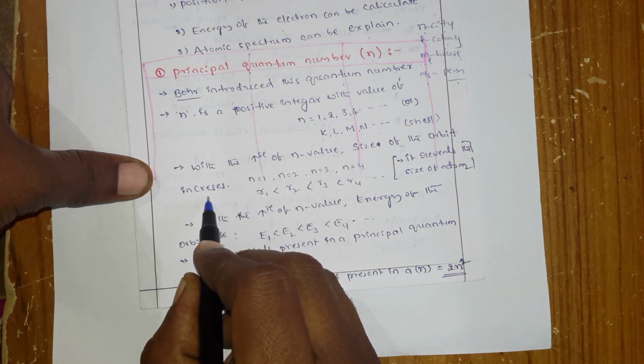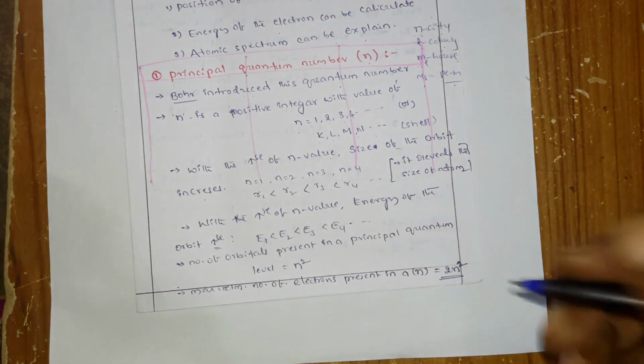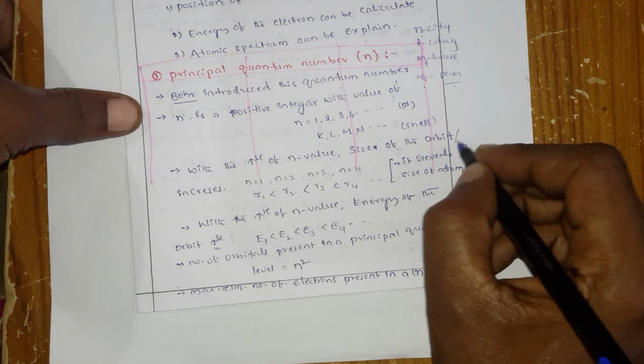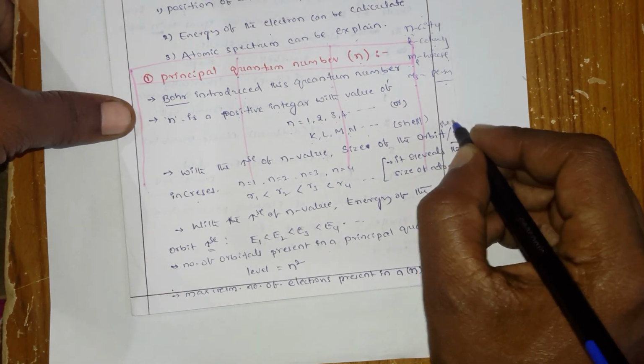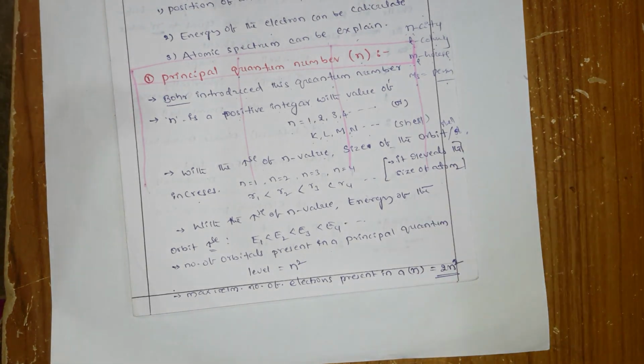The size of the orbit increases. The size of the orbit, you can also call it the shell. The size of the shell also increases. You know that whatever shell is close to the nucleus is smaller in size, and when you go away from the nucleus, the size of the shell increases.